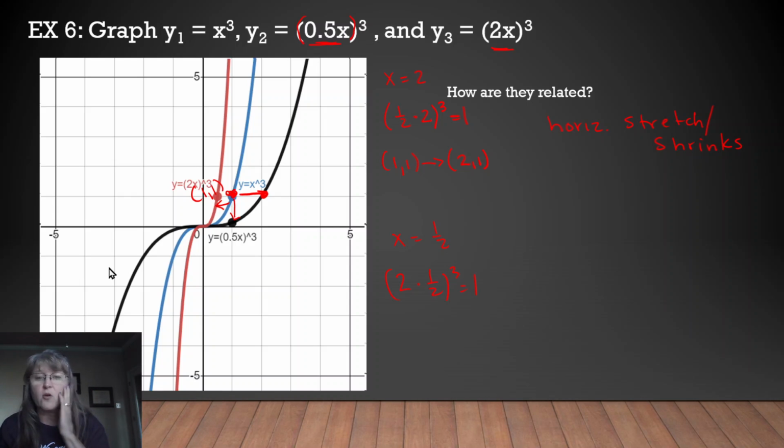But we have to be careful that we say it by the correct factor. So for instance, here with this 2x cubed, I could rewrite this as 8x cubed. So it would be a vertical stretch by a factor of 8, okay, instead of by the 1/2.